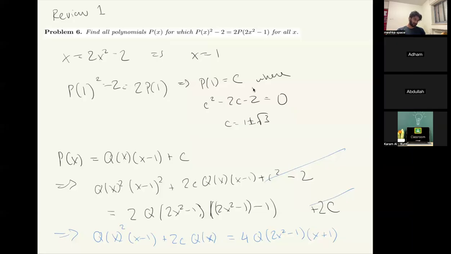What we should do is realize we have the same thing where the only inputs the polynomials take are x and 2x squared minus 1. So again, there's q of x and q of 2x squared minus 1. If we want a nice equation, we can plug in x equals 1, right? All those inputs will become the same. So let's do that.